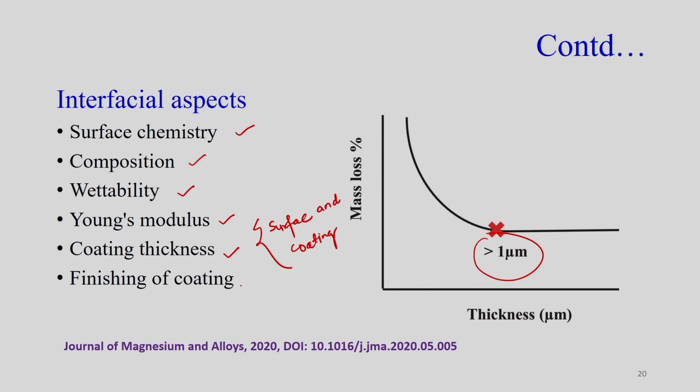And apart from the coating, the final finishing of the material can lead to the formation of local pores which penetrate toward the coating and the surface. So, these are the few aspects particularly related to the degradation or corrosion behavior of the surfaces.